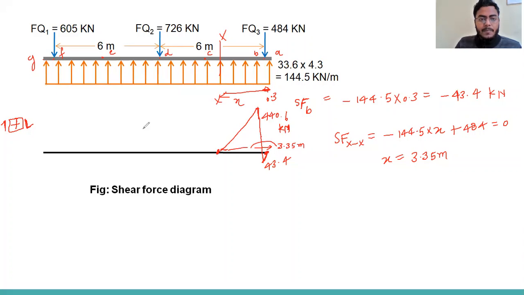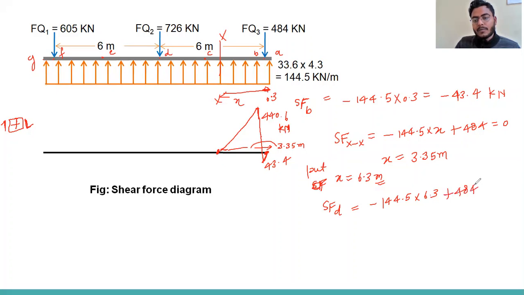Okay, now we can calculate the shear force at point D. Put x equal to 6.3. We get shear force at point D as minus 144.5 into 6.3 plus 484.